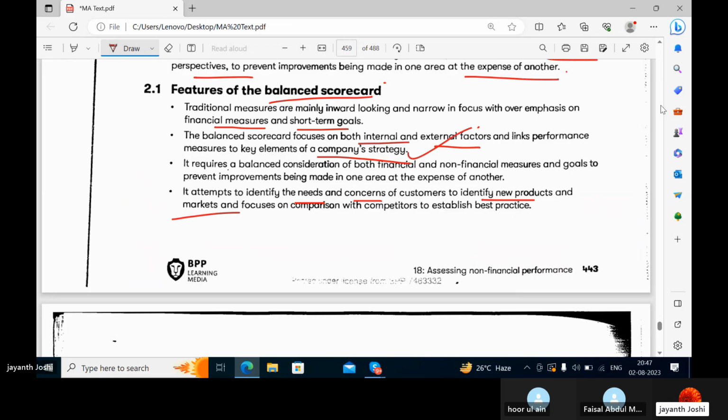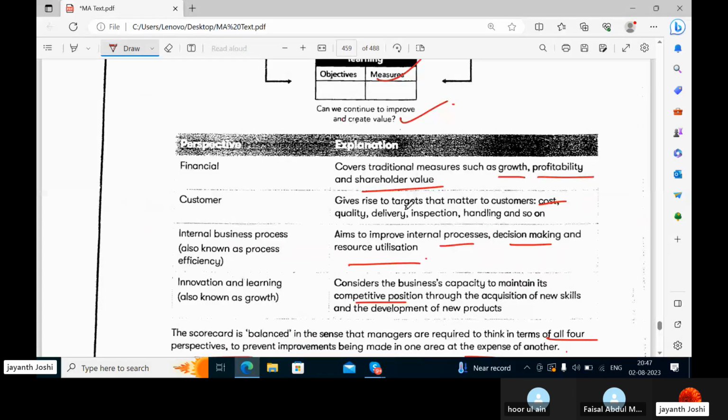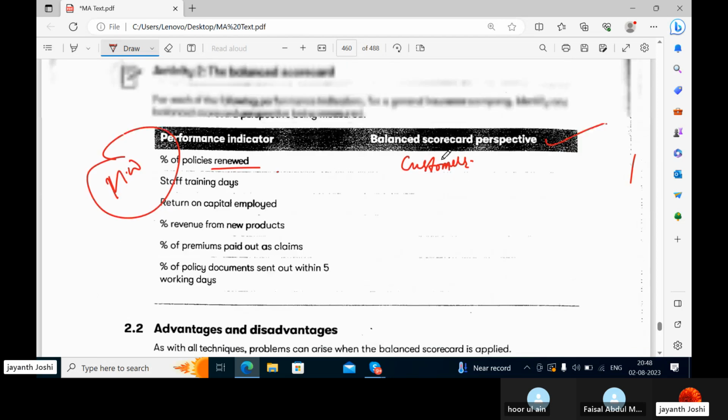What we have seen gives rise to targets that matter to customers: cost, quality, delivery, inspection, handling, and so on. And innovation and learning considers the business capacity to maintain its competitive position through the acquisition of new skills and development of new products. So staff training days would be innovation and learning, correct?